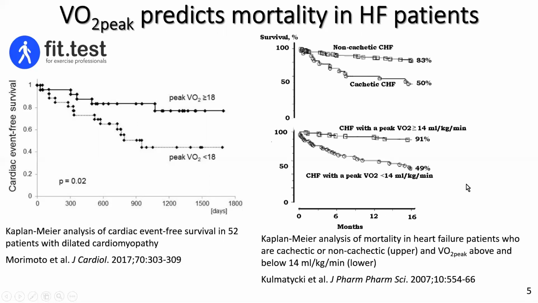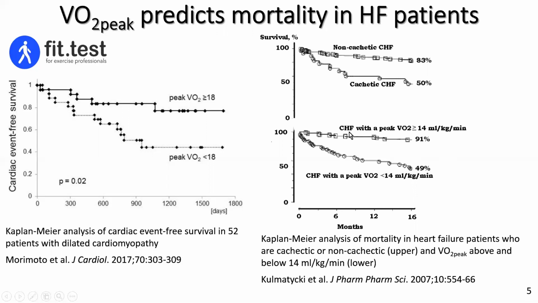Now, following on a similar theme, this one over here on the left was for a form of heart failure called dilated cardiomyopathy. And this is for a different group of patients, a different study, but the same sort of concept here.